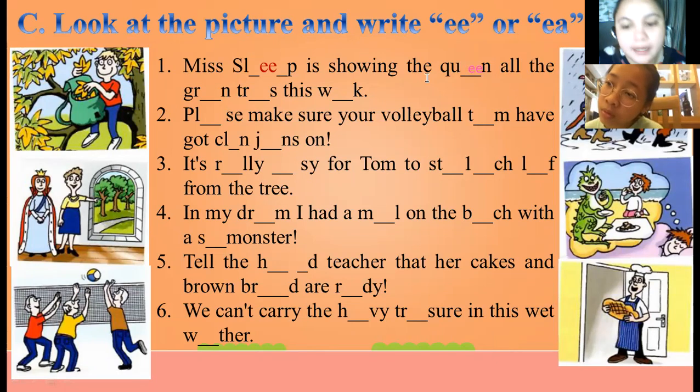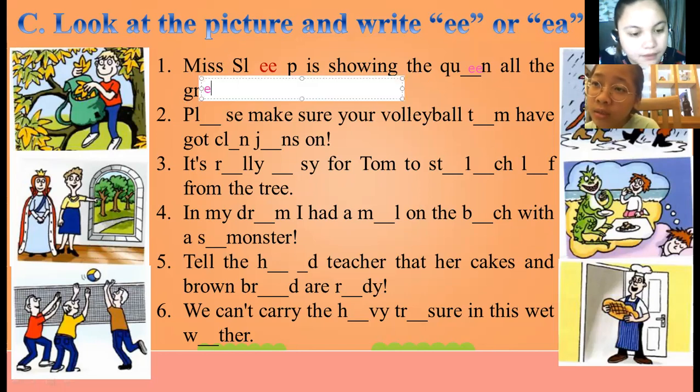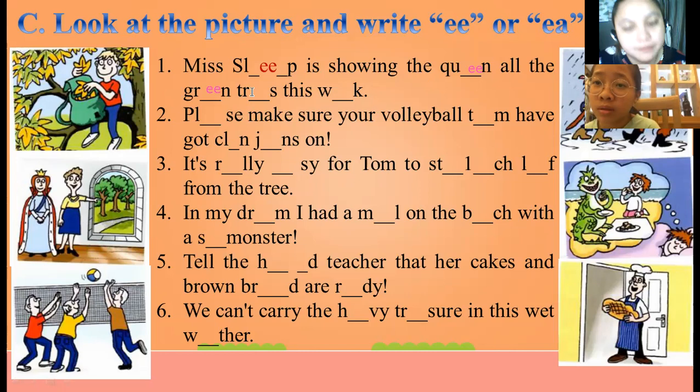Showing the queen, all the green. Okay, what letter? EE. Okay, I thought EA. Okay, green.